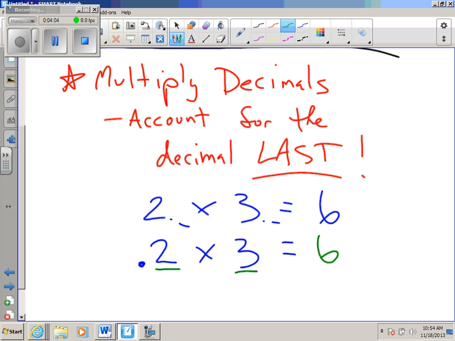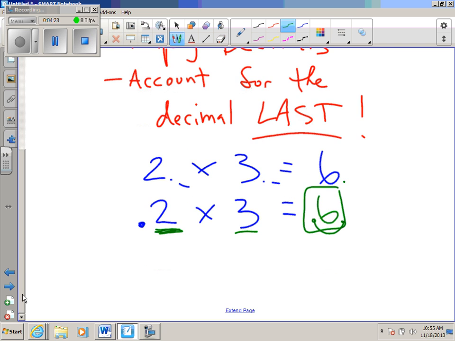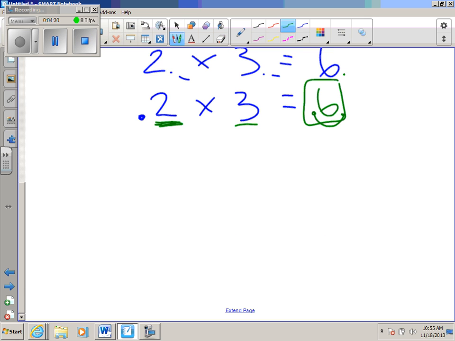We have 1 because we have 1 digit after a decimal place. My decimal would usually be here, just like it was up there. I'm just going to move it 1 place. So it's 0.6, because there's 1 decimal place. The fact itself stayed the same.